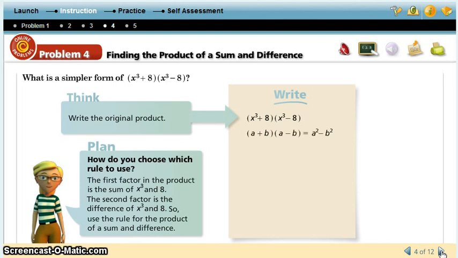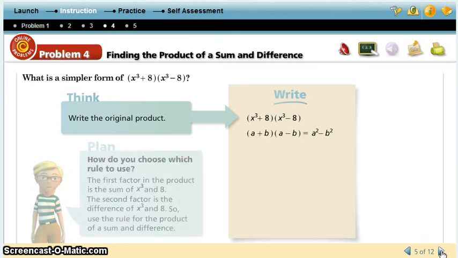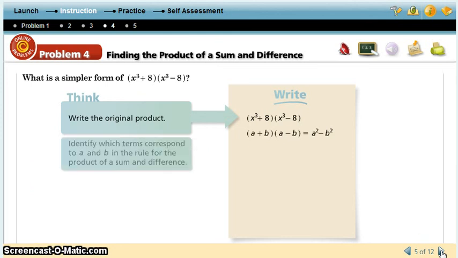A plus b times a minus b equals a squared minus b squared. Identify which terms correspond to a and b in the rule for the product of a sum and difference. A equals x cubed and b equals 8.